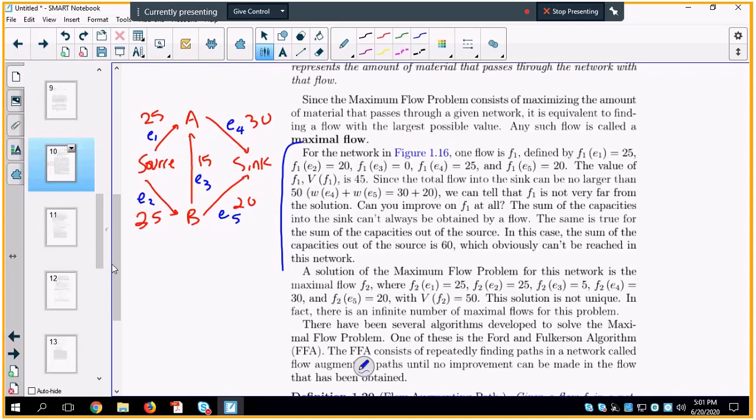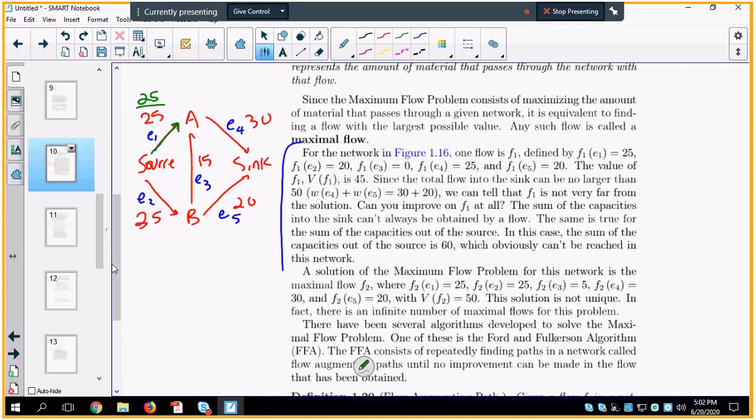For the network in figure 1.16, one flow, and keep in mind there could be many different flows, but one function that we could define would be F1 of E1. So that's this edge. F1 of E1 to be 25. So we're using up all 25 of the capacity for that edge.